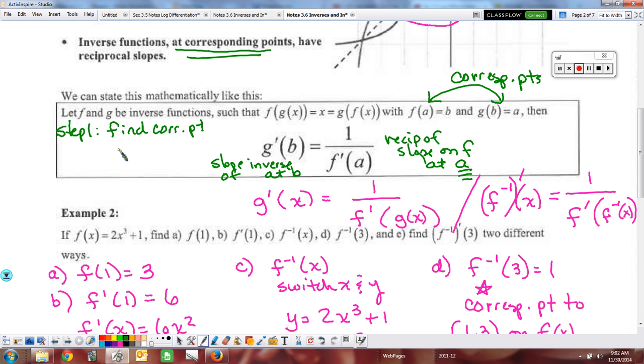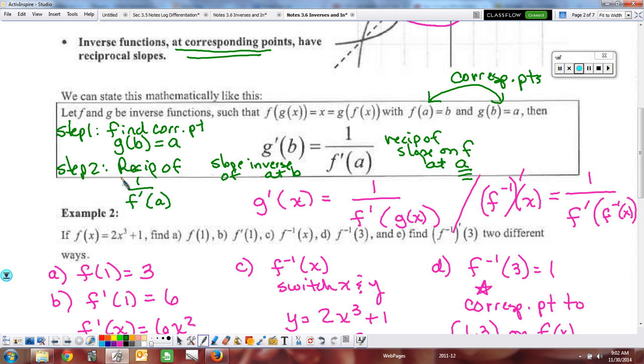In other words, you take your B here, and you find g of B equals A. That's step 1. Step 2, you are going to do the reciprocal of the original function slope at the corresponding point.